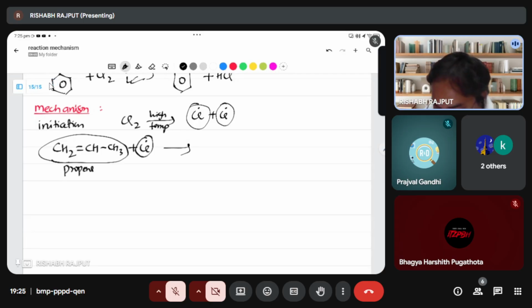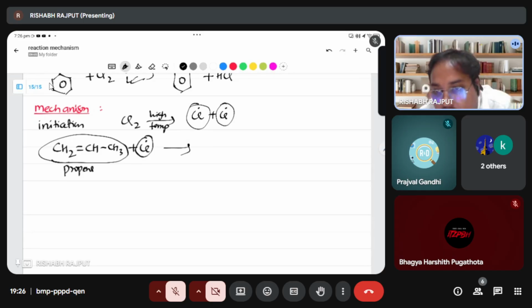Now the question will arise: from which carbon will this chlorine take the hydrogen? See, first your chlorine will not add to the compound. No, first it will take hydrogen. Because your compound is already normal and stable, there is no reaction that will happen between them. That is why first chlorine will take hydrogen.